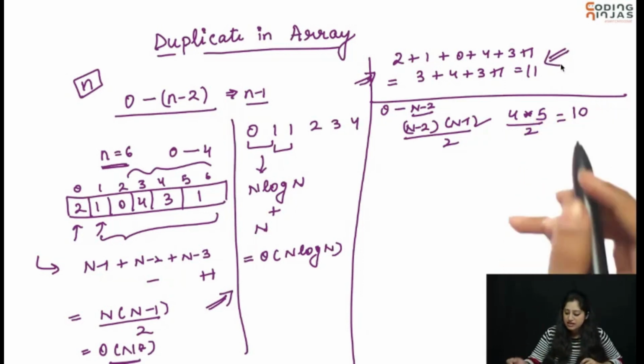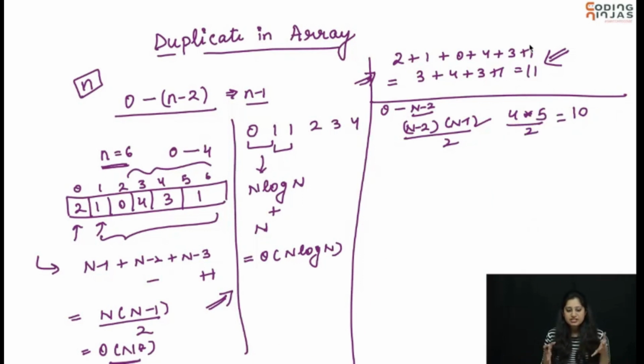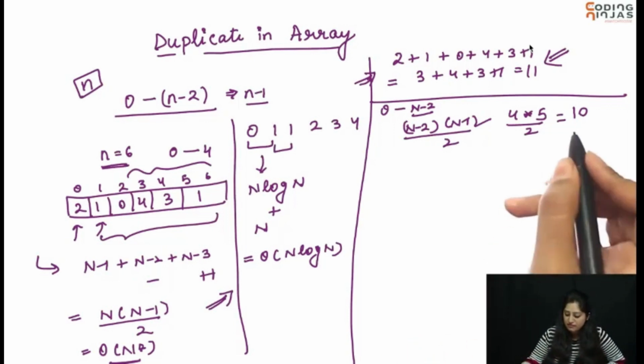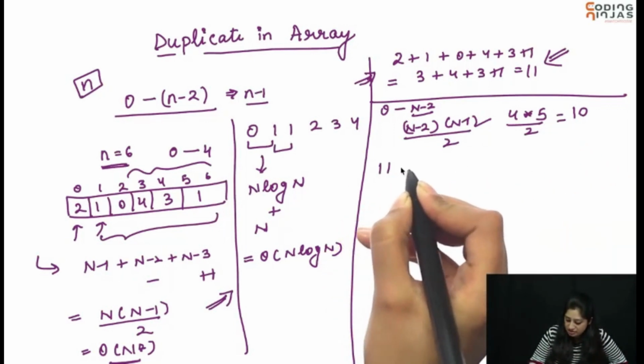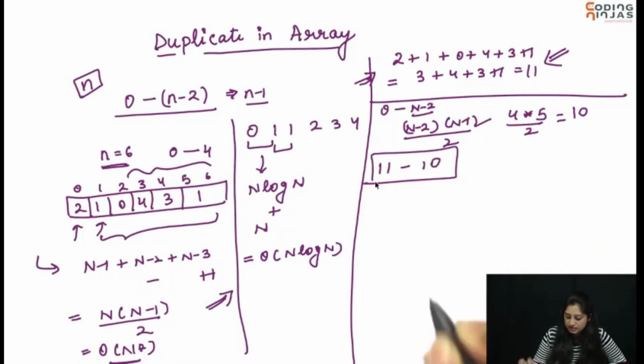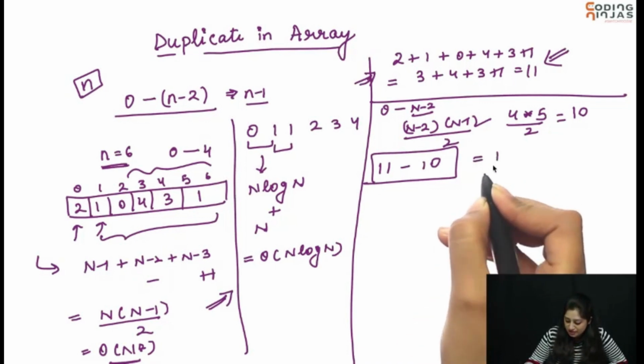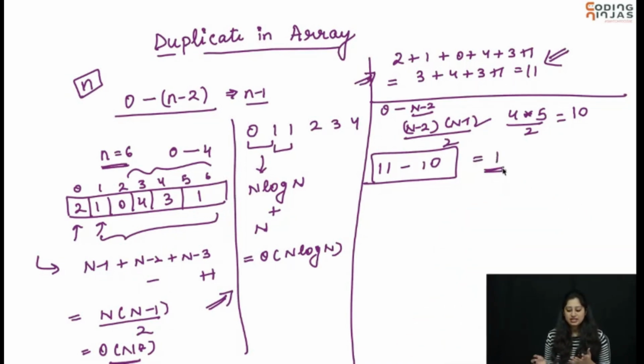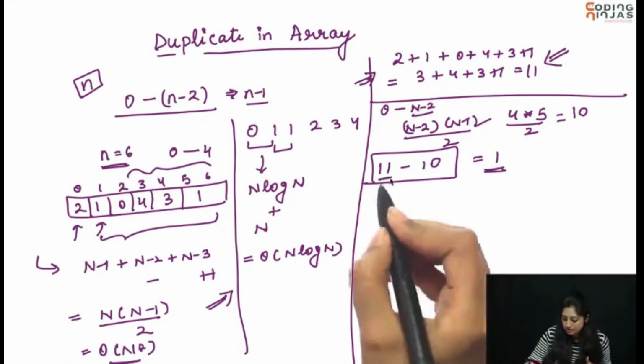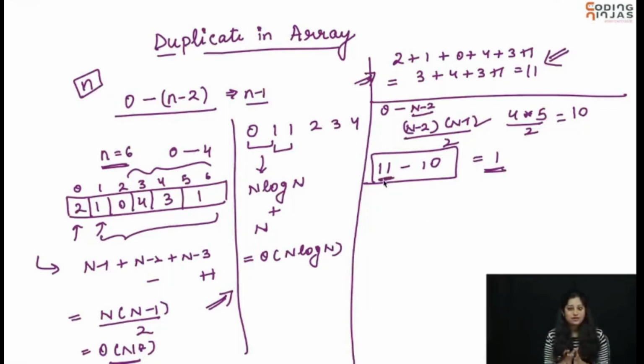That means if I exclude the duplicate number, it is effectively sum of first n minus 2 natural numbers plus the duplicate number, right? So if I have to find out the duplicate number, why not subtract these two? Subtract the sum of first n minus 2 natural numbers from the array sum that we have, and the result will be obviously the duplicate number, because that's the only number which is added twice. So that will add to the initial sum. So this way we will be able to find out.